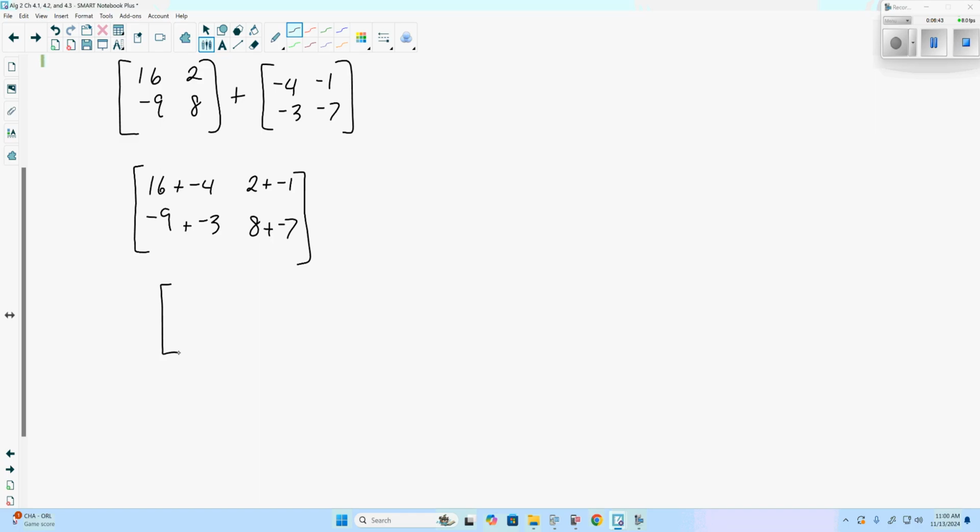Now 16 plus negative 4 is 12, 2 plus negative 1 is 1, negative 9 plus negative 3 is negative 12, and 8 plus negative 7 is 1. So we just add those corresponding elements and we are done.